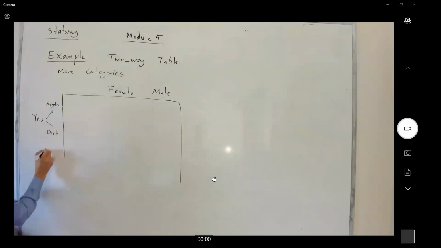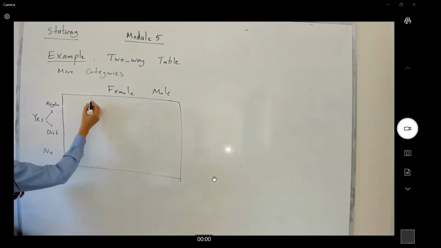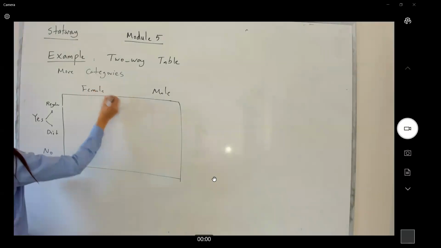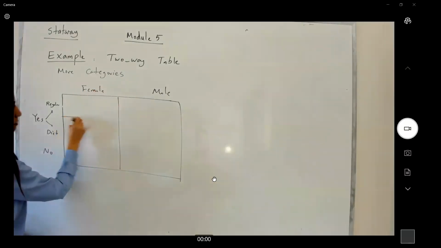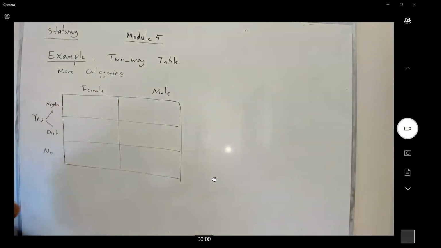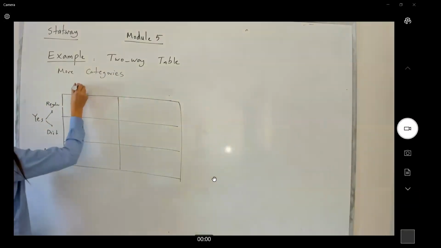And no at all. Okay, perfect. So let's see, female and male. Now we get 3 rows. And here you have your male first, then female second.